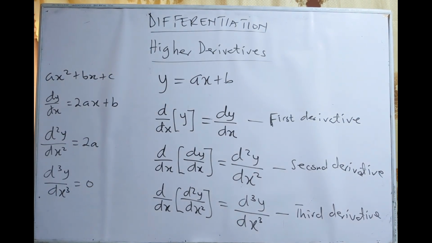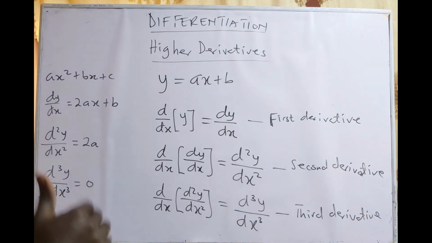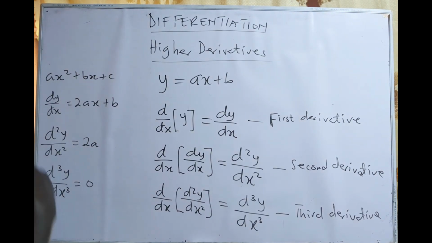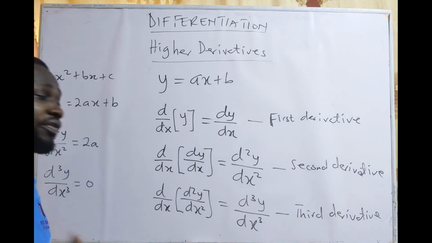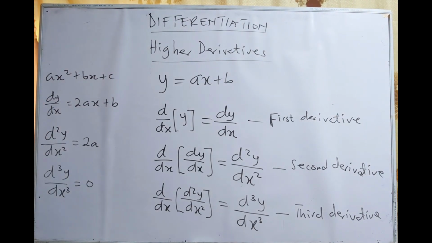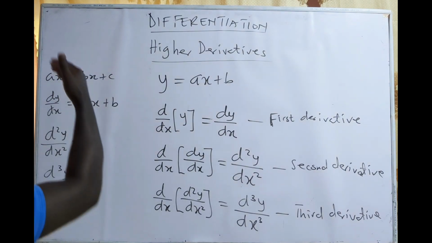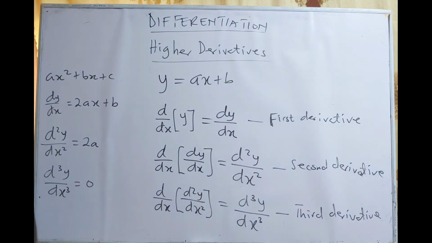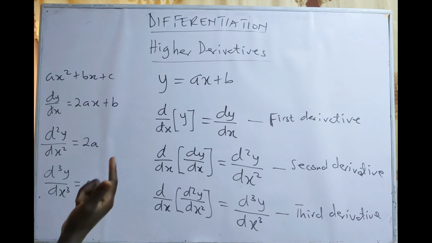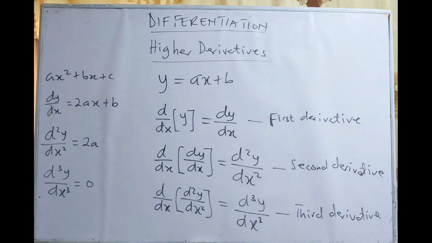All right, so as you are differentiating a function into higher derivatives, the first, second, third, what you have to take note is that the exponent will be reducing. So if it is cubic and I differentiate, I get quadratic. I further differentiate, I get linear. I further differentiate, I get a constant.